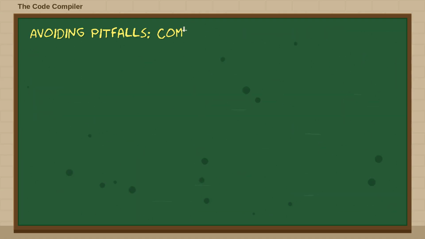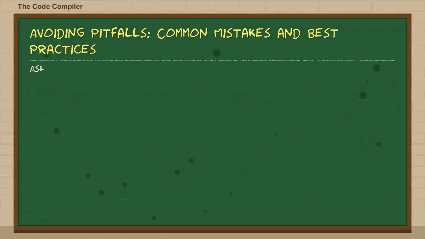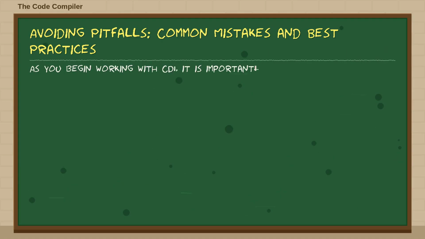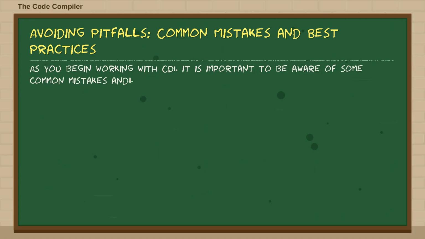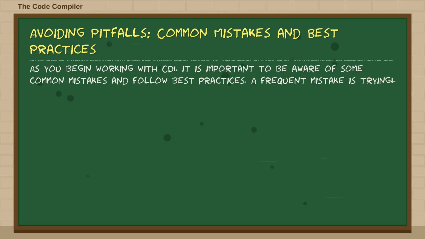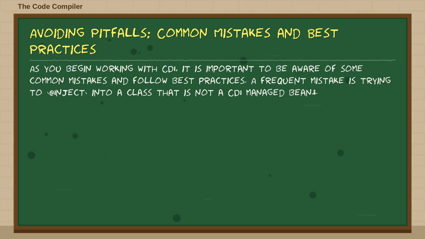As you begin working with CDI, it is important to be aware of some common mistakes and follow best practices. A frequent mistake is trying to @Inject into a class that is not a CDI managed bean. Remember, CDI can only inject into objects that it manages.